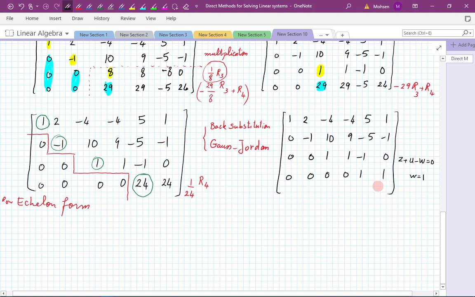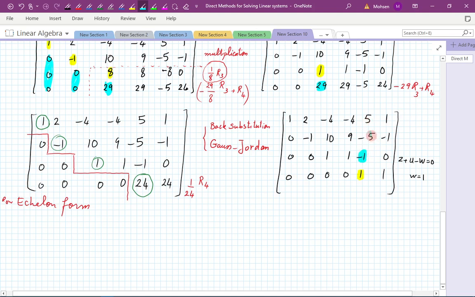Now we say, okay, the next guy is going to be, our pivot is going to be this. Well, there's nothing below this thing to do anything. So what do we do with it? We take that and eliminate entries above it. That would be essentially finding w equal to 1, placing it in the previous equation, and trying to bring it to the other side.